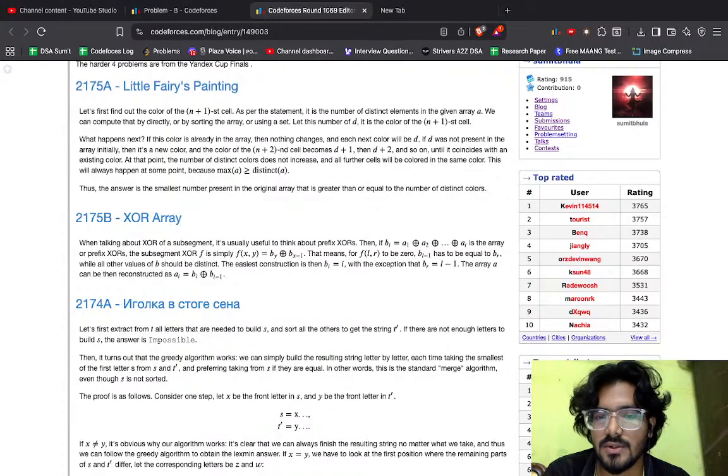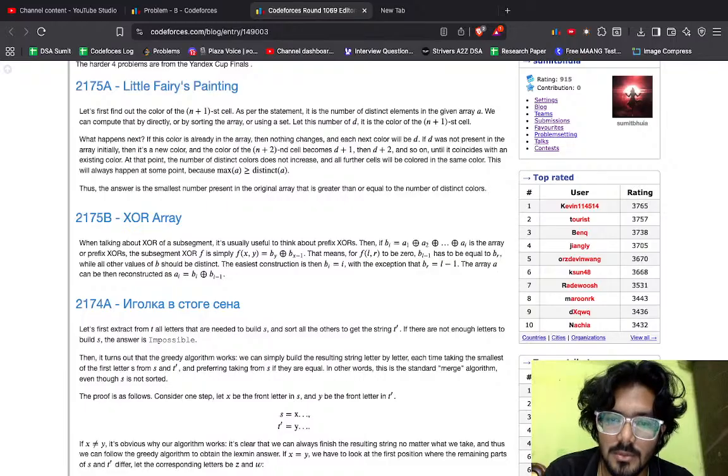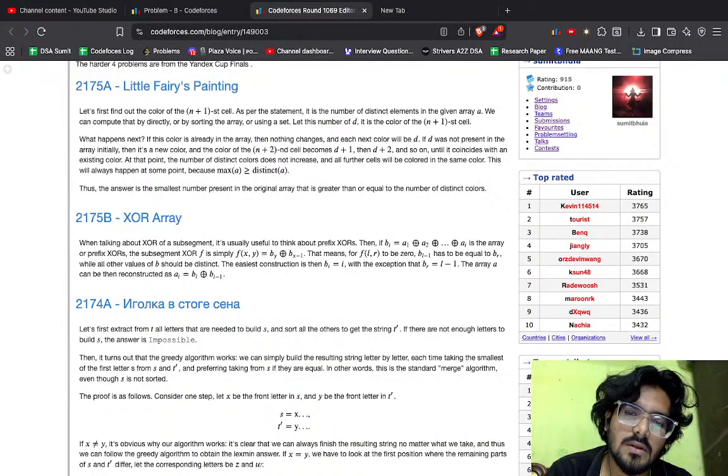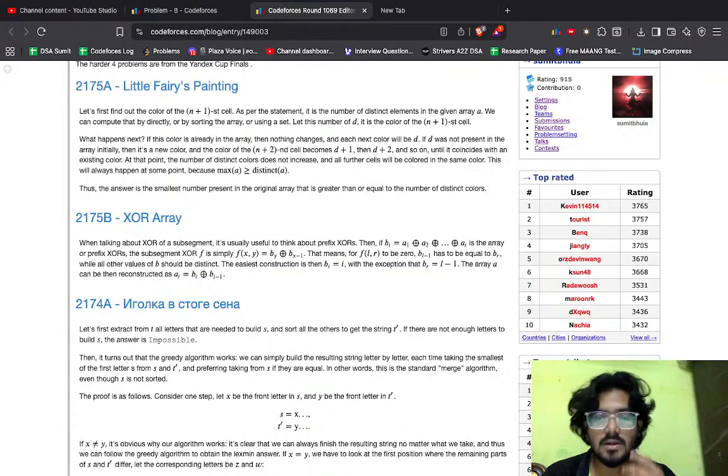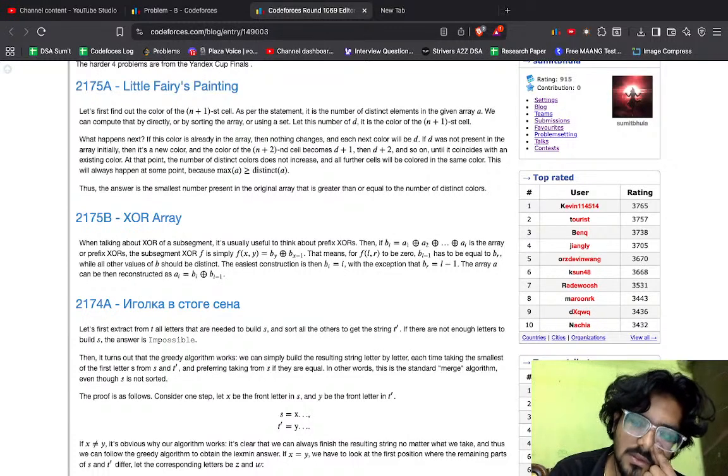This means for function left to right to be 0, b L minus 1 has to be equal to br, and all other values of B should be distinct.